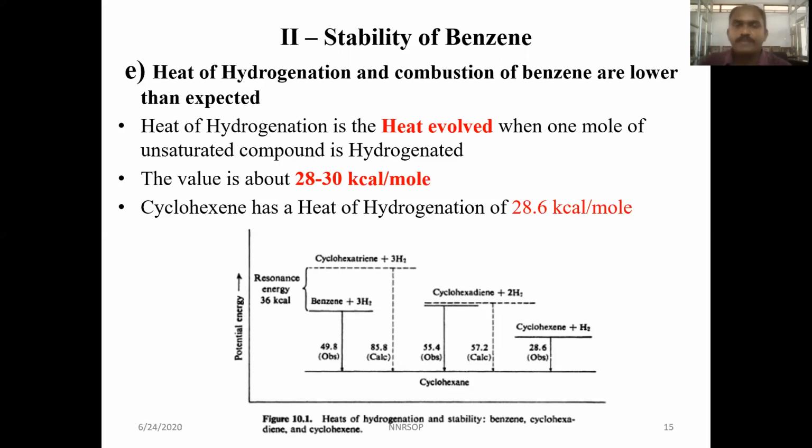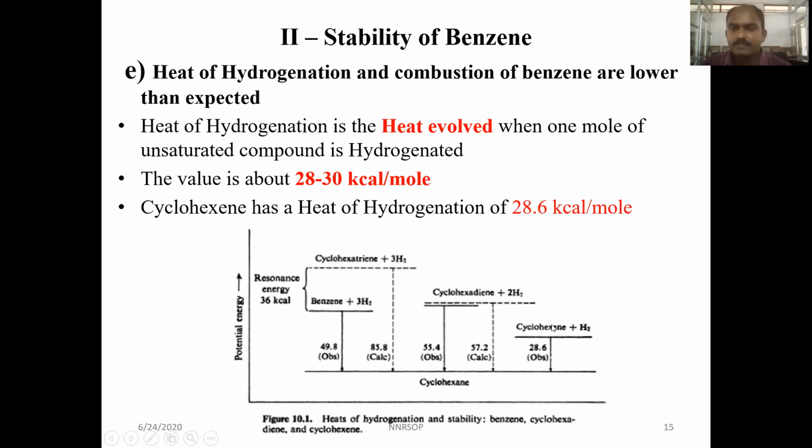The amount of heat evolved is approximately 28 to 30 kilocalories per mole. When cyclohexene is converted to cyclohexane, it releases 28.6 kilocalories per mole.